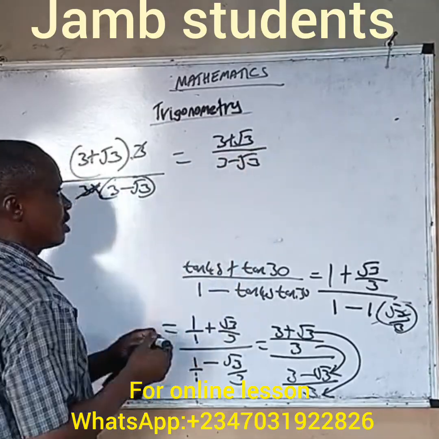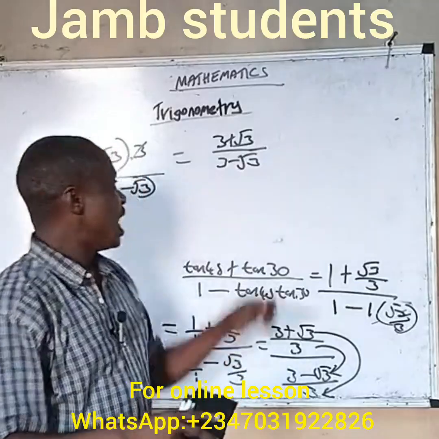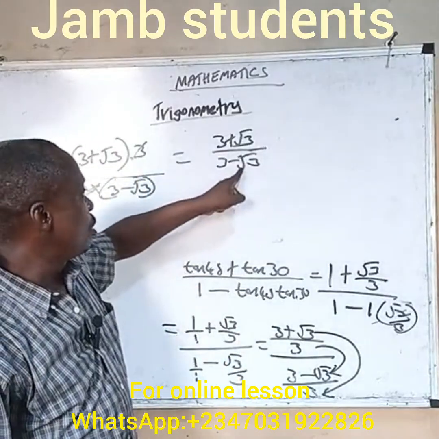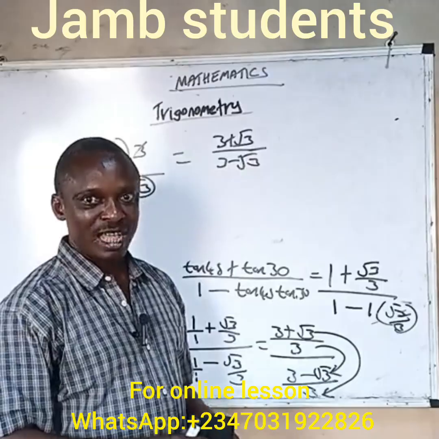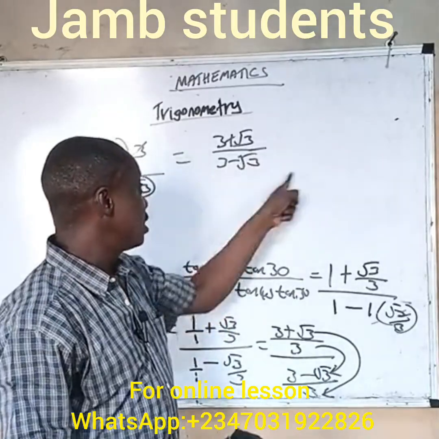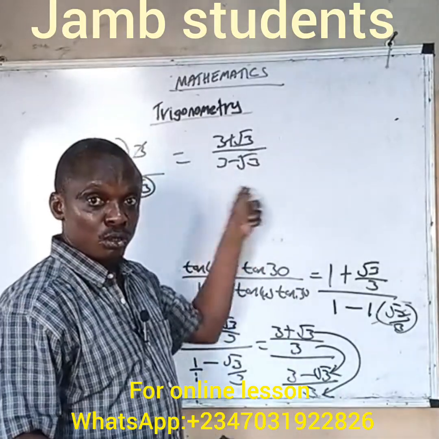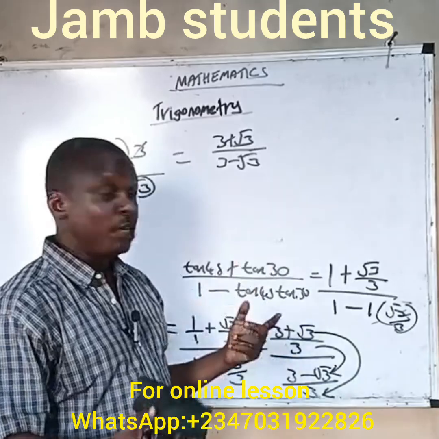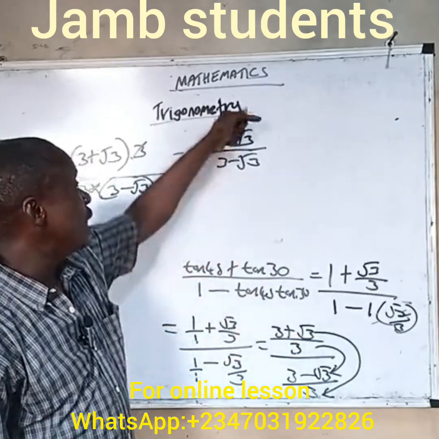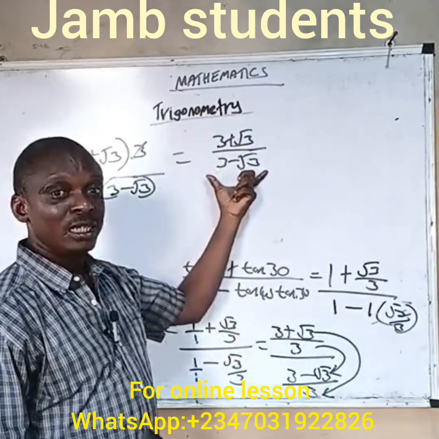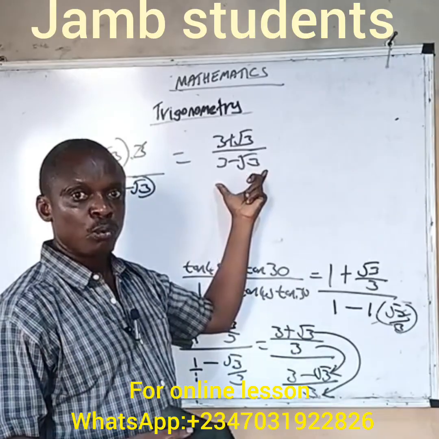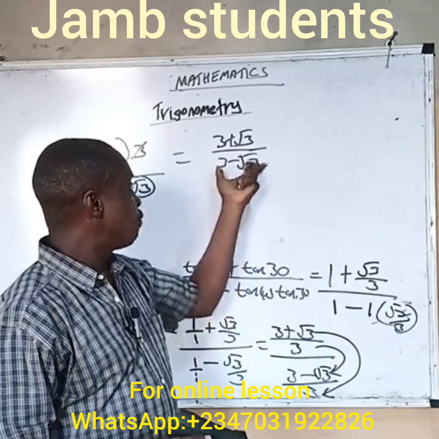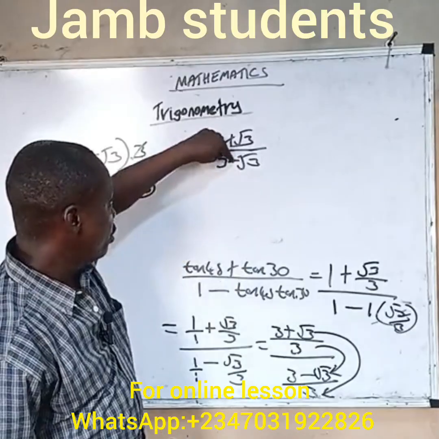And in mathematics, when you are solving maths and your denominator has a root, you must rationalize. That means the denominator must not carry any square root. To rationalize, you multiply the top and the bottom by the conjugate of the denominator. What do you mean by conjugate? Conjugate is to change the sign.